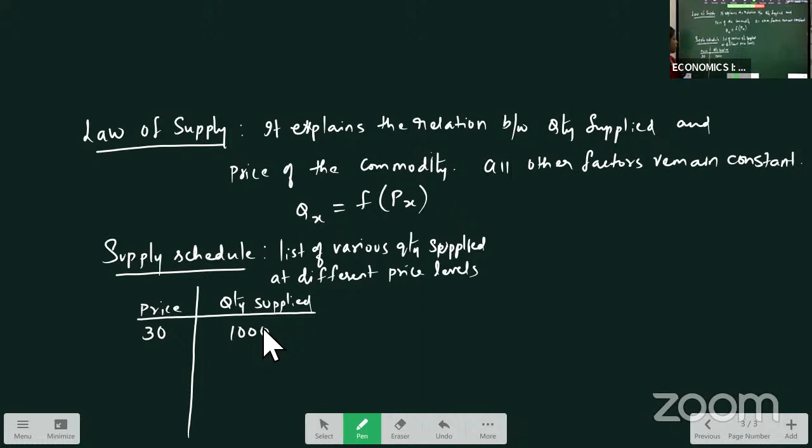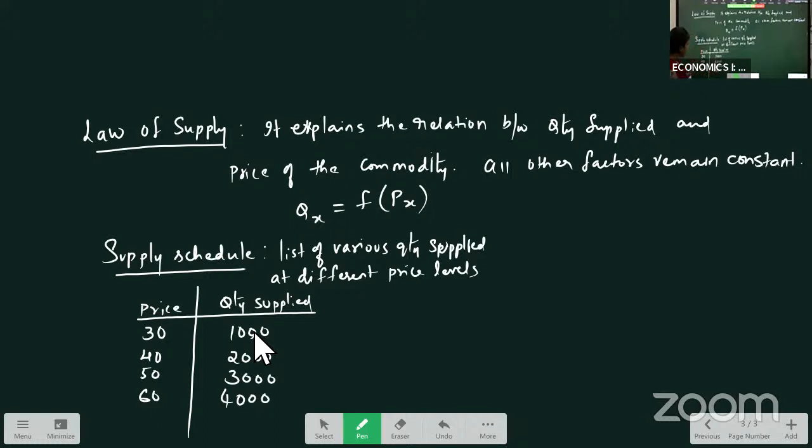If the price of a book is 30 rupees, he will supply 1000 units. If price increases to 40, supply increases to 2000. If price increases to 50, supply increases to 3000. Price increases to 60, supply increases to 4000. So see, a list of various quantities supplied at different price levels.